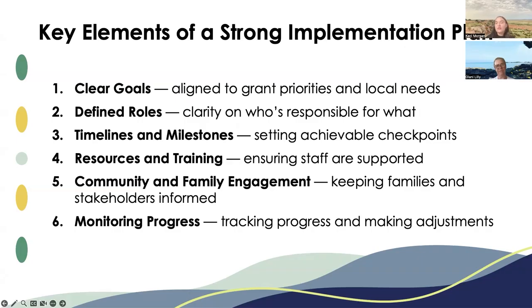You want to make sure that families feel equipped to support at home or to come into the school and support when that's appropriate. And then on that note, that leads into our fifth key element, which is community and family engagement. So keeping families and stakeholders informed and engaged in what's going on.